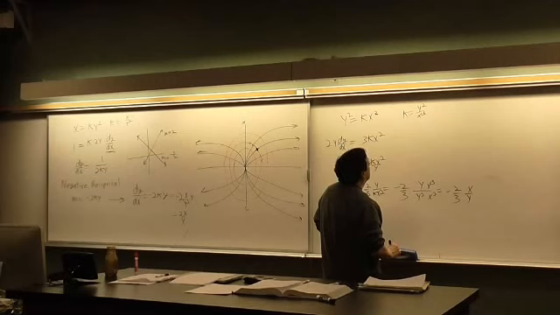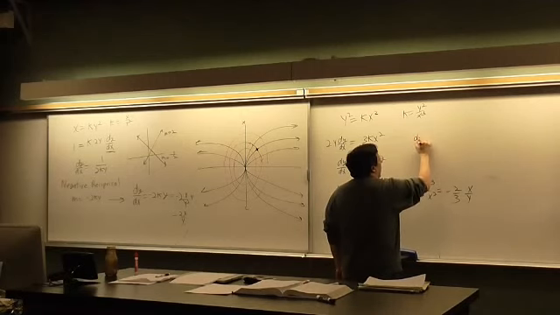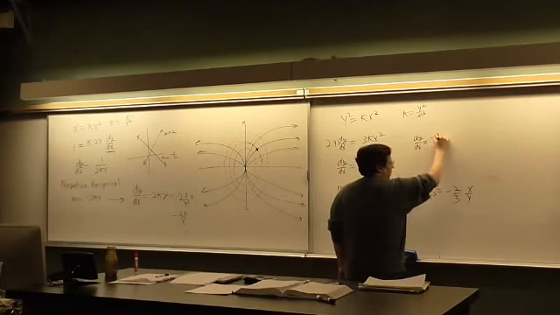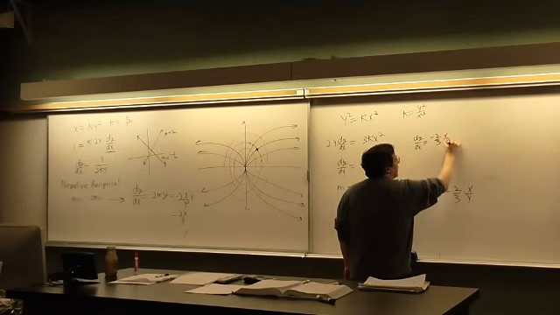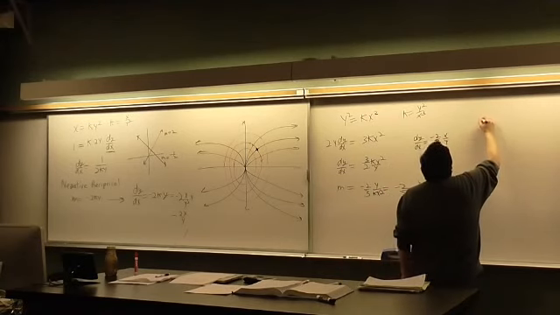Okay, so dy/dx equals negative 2/3 x over y.